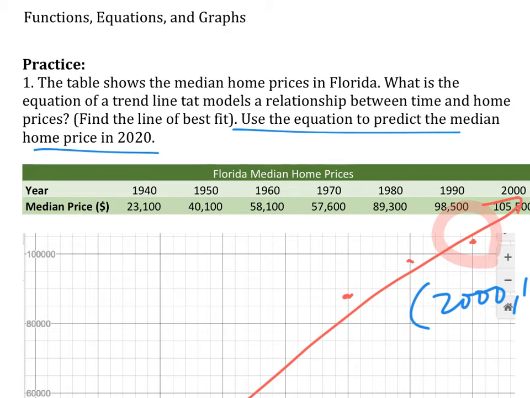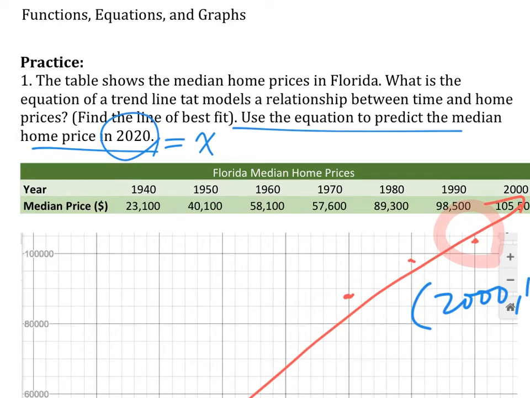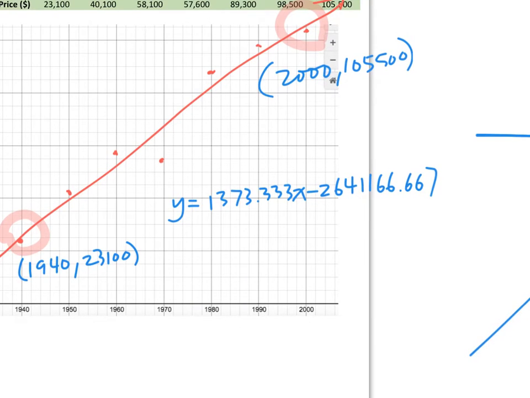Plug in 2020 into the X. Yes, so X is my year, which is 2020. That's where we want to predict. So we want to figure out the home price, which is going to be Y. So if we plug that into our equation, we should be able to tell what the home price may be next year.